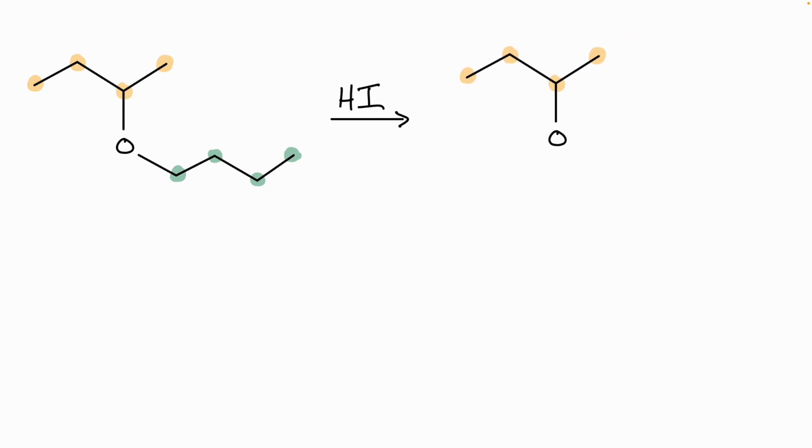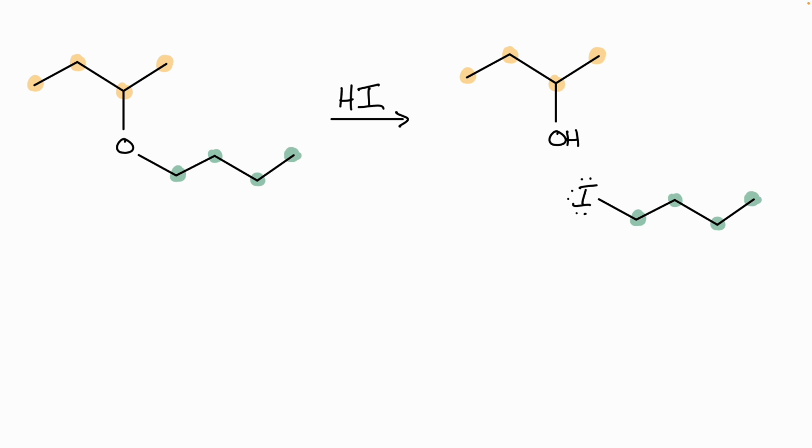So again, that iodide ion is going to attack that more accessible carbon, which means that my alkyl halide will be the green fragment and my alcohol will be the orange fragment.